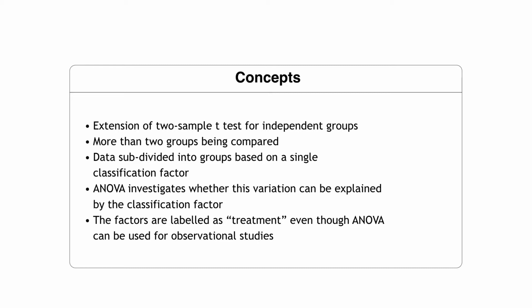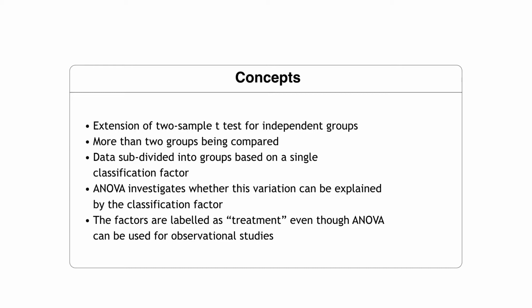Then using ANOVA, you investigate whether the variability can be explained by the classification factor. These factors are referred to as treatments, though in many circumstances you can use ANOVA in the context of an observational study.